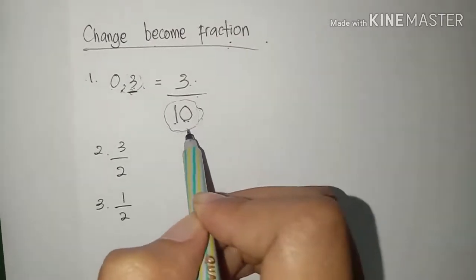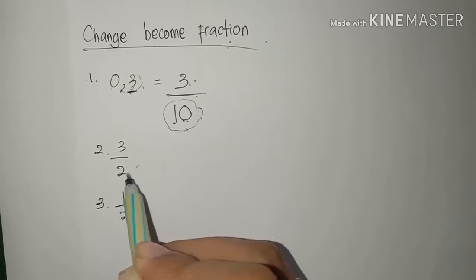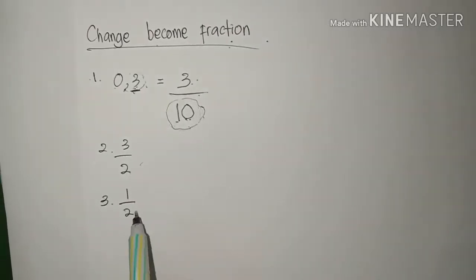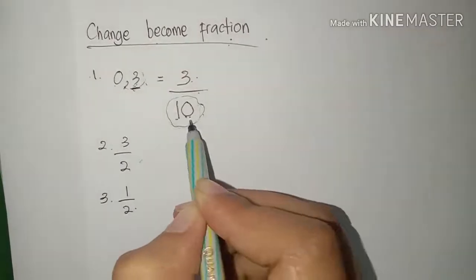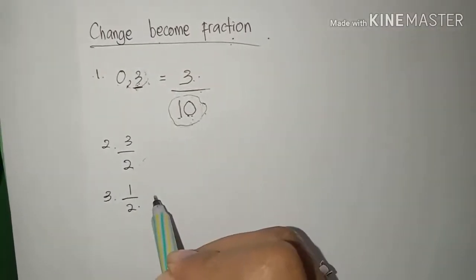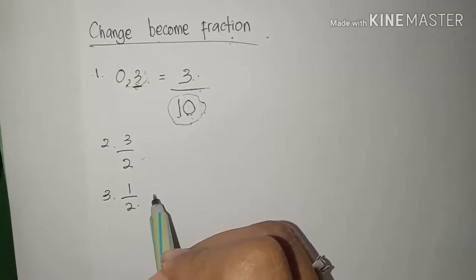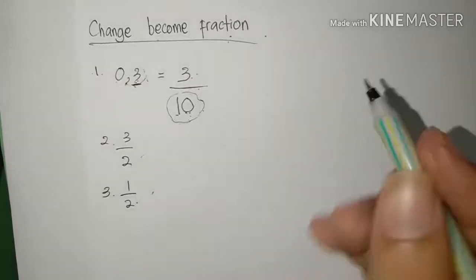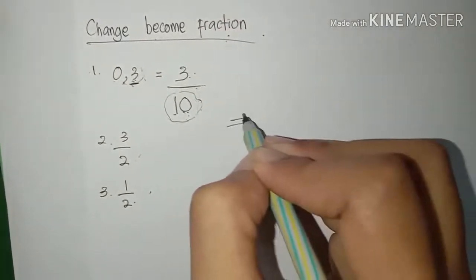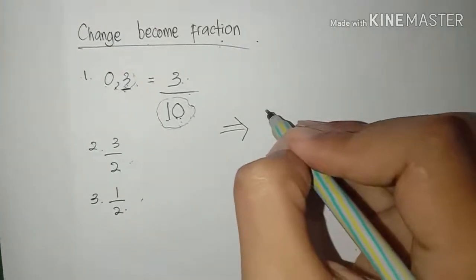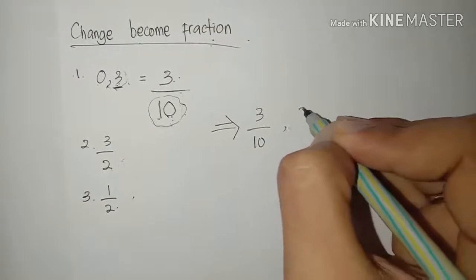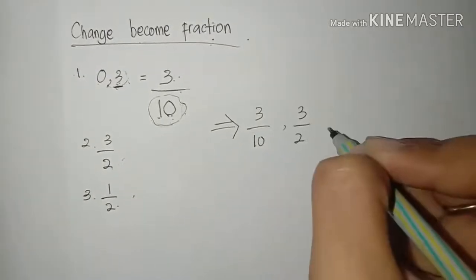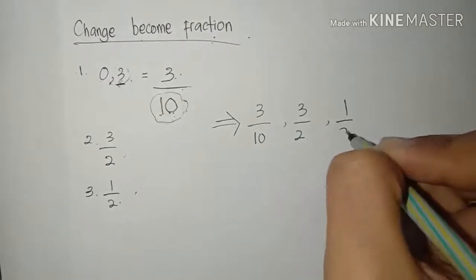This is 10, this is 2, and then 2. You cannot directly arrange because the denominator is different. So you have to change become the same number. How the way? Okay, let's check. 3 of 10 and then 3 of 2 and then 1 of 2.